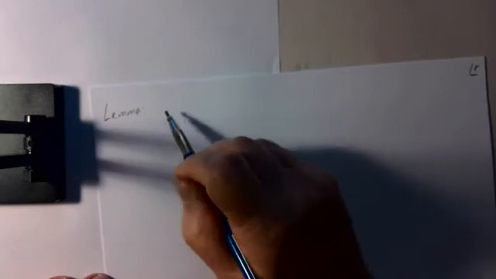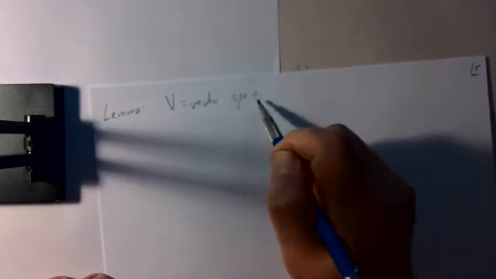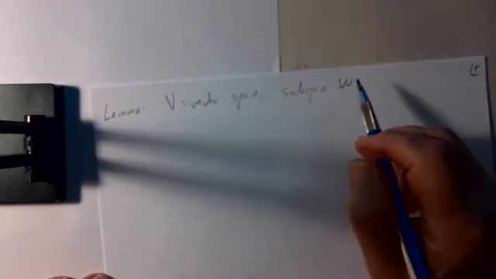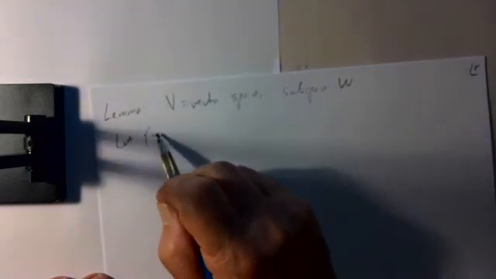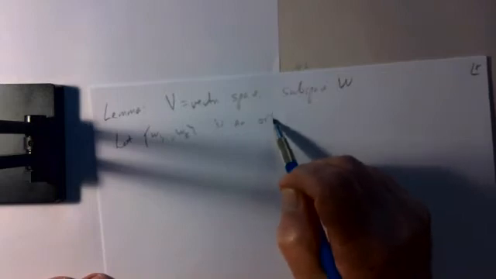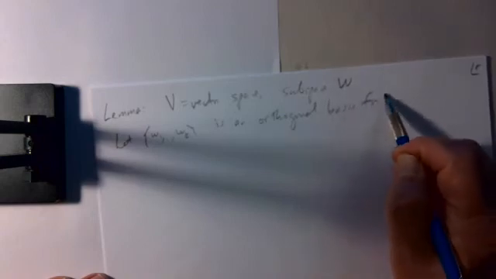It says the following. So we have a vector space V, a subspace W of V, and suppose that W1 up to WK is an orthogonal basis for W. So here's a sort of a picture.